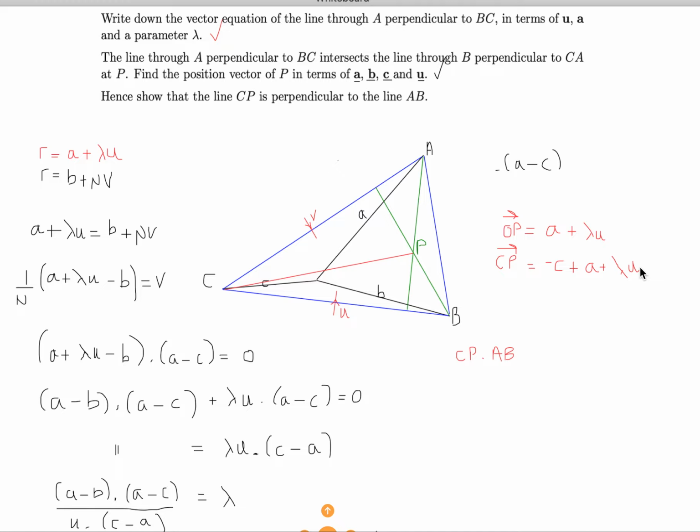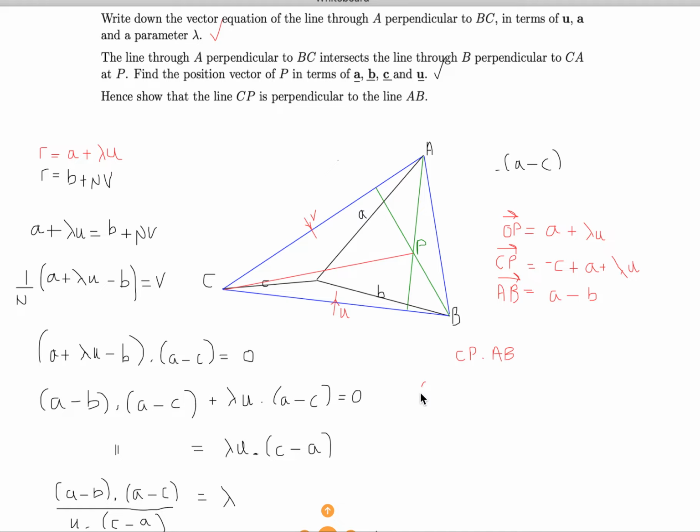Now vector AB doesn't really matter how we define this one, as minus B plus A or minus A plus B, but I'll just keep it alphabetical and call it A minus B. So let's dot these two together then.